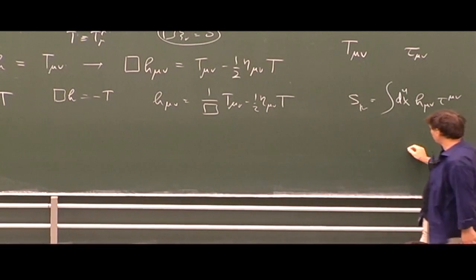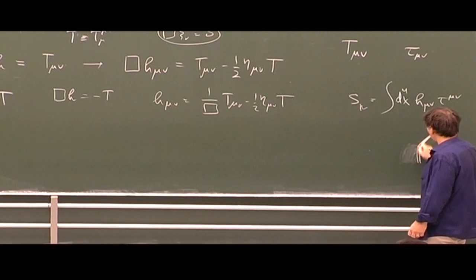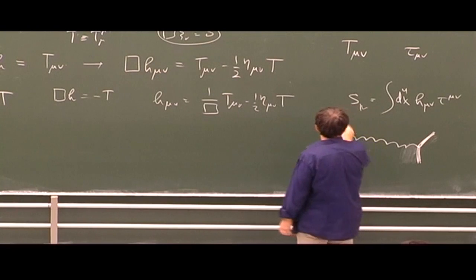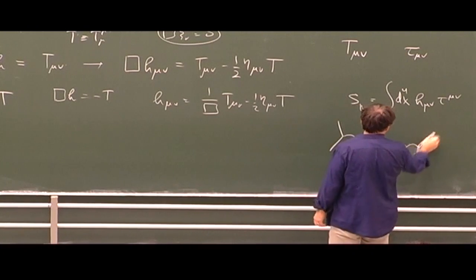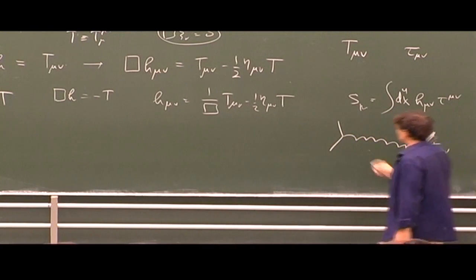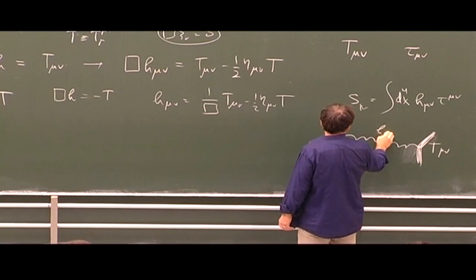So in other words, I have a probe, and this creates a gravitational field, and then I have a source. This is T mu nu. And this creates a gravitational field, h mu nu.